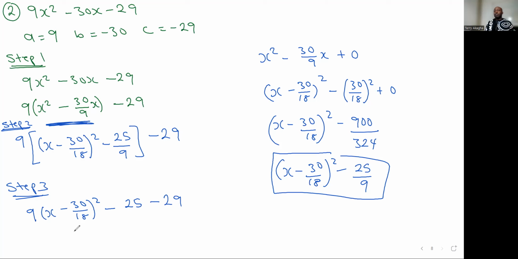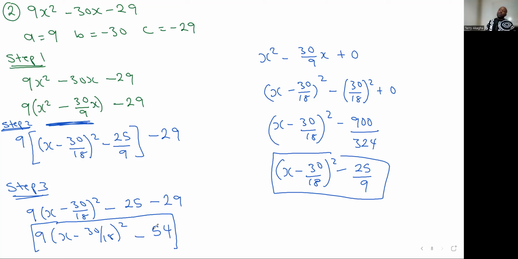That will give you minus 54. So it's going to give you 9 into bracket (x minus 30 over 18) all squared equal to minus 54. All right? So that means now this is the completing the square, the vertex form for this.